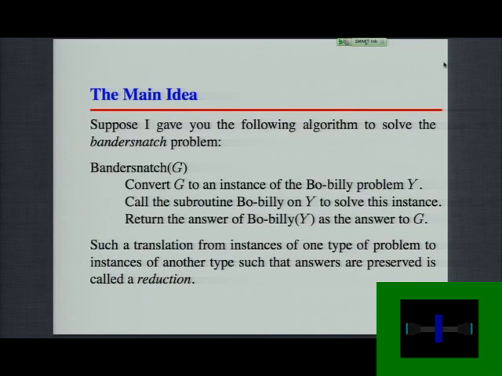If we can find a fast way to solve a problem we know is hard, using a problem we don't know about, we now know that the problem we didn't know about also has to be hard, where there can't be a fast way to do it because it would imply a fast way to do the other thing. Any questions about that? This is really the whole idea.